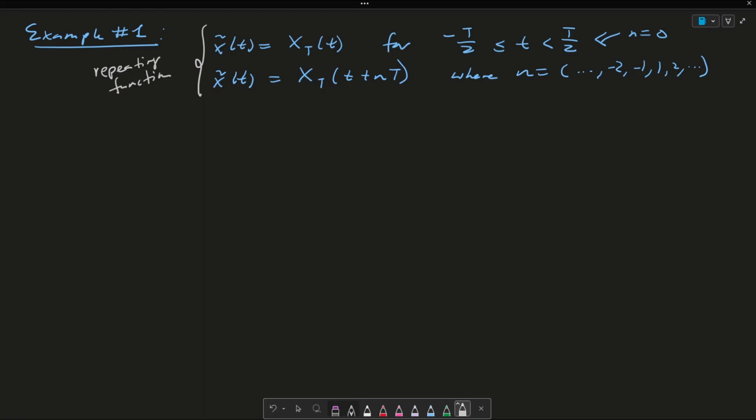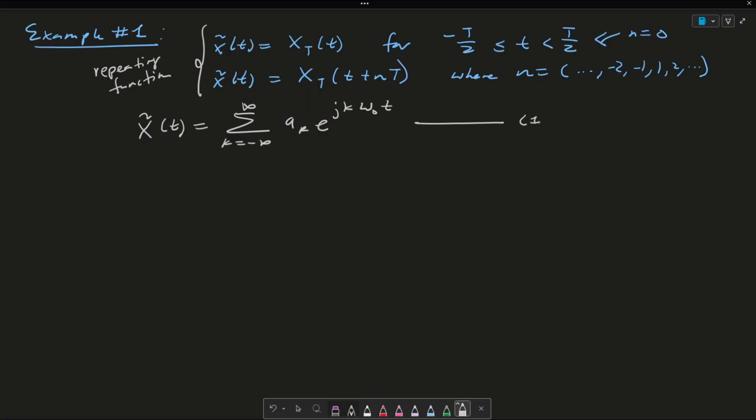So now since this here is a repeating function, we can go ahead and use something we've studied in our past videos called the Fourier series. So I can say that x tilde of t is equated to the sum of k equals minus infinity to infinity, a k e to the j k omega naught t.